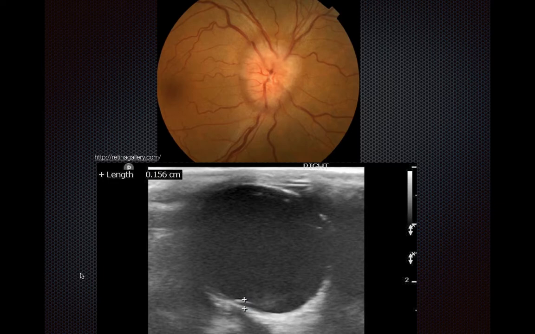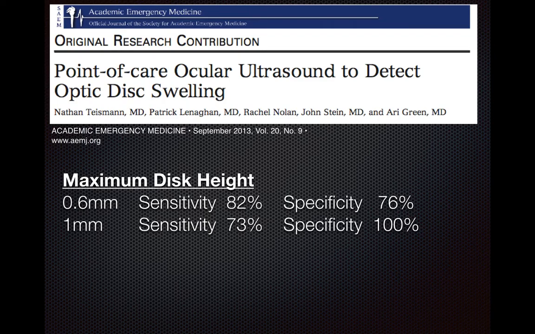Papilledema is not as well studied in ultrasound as optic nerve sheath diameter. But there was a paper in 2013 from the Academic Emergency Medicine Journal, which looks at point-of-care ultrasound for optic disc swelling. It was a small study, but what they did was determine two cutoffs, one at 0.6 millimeters and 1 millimeter.